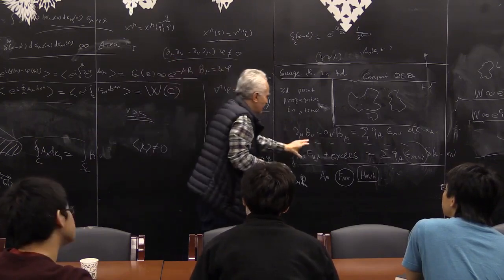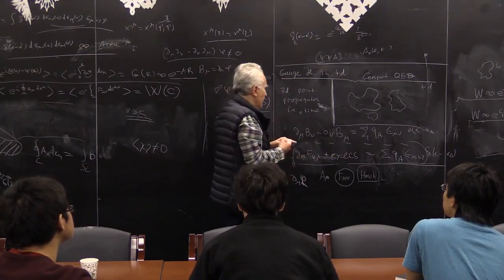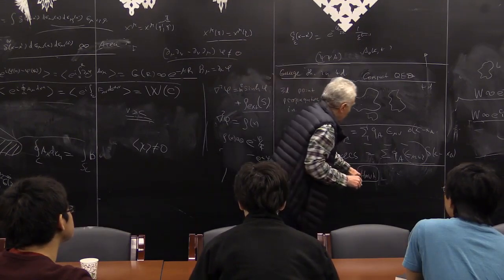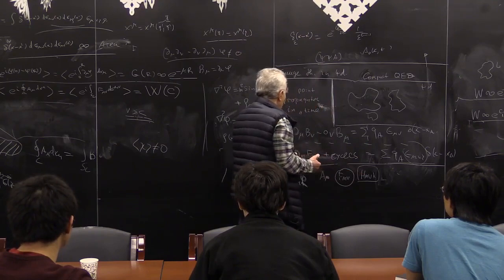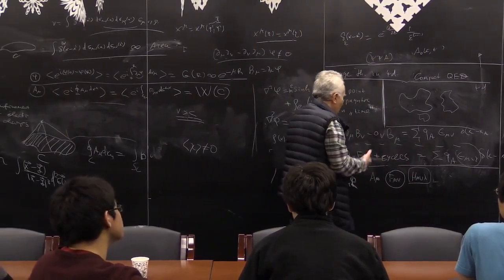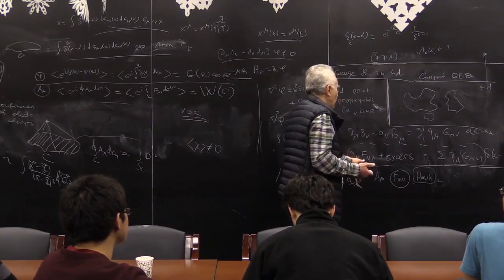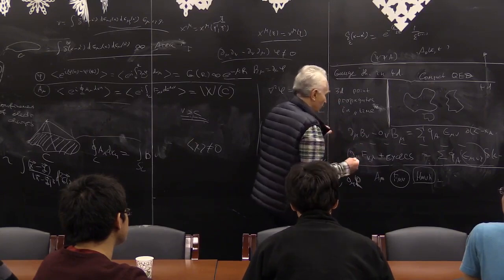So you conclude that the left-hand side of the Bianchi identity is a two-form for the superfluid.